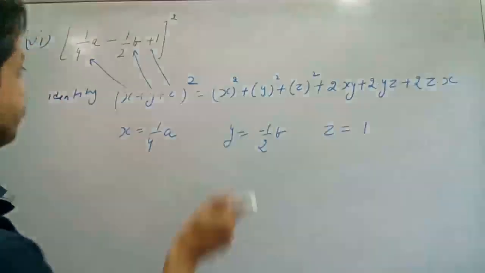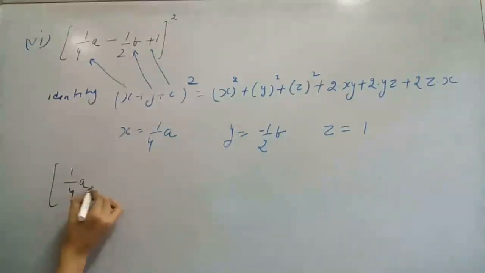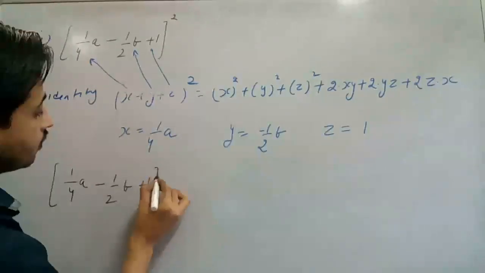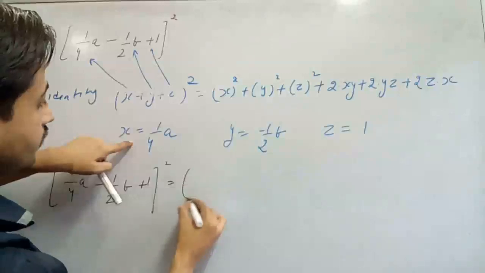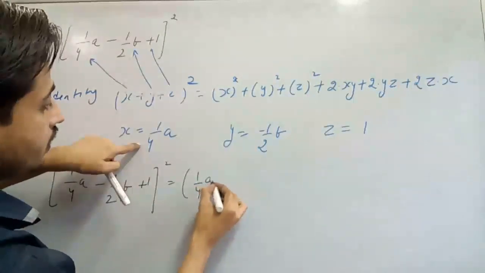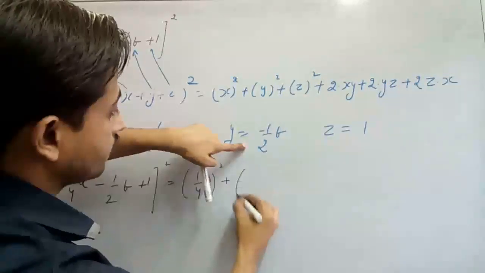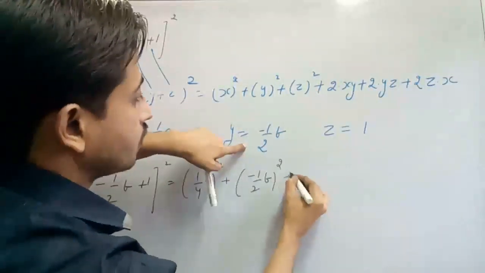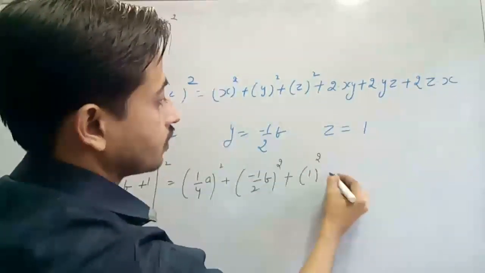It's very simple. 1 by 4 into a minus 1 by 2 into b plus 1, all square is what? X square. X is what? 1 by 4a whole square. Plus y is what? Minus 1 by 2b whole square. Plus z is what? 1 whole square.